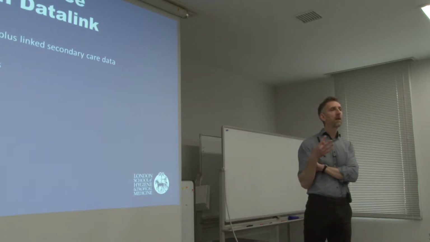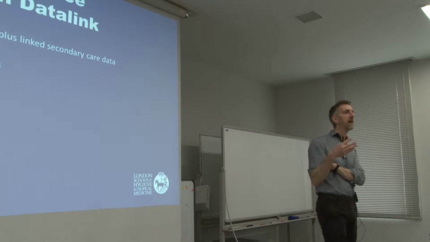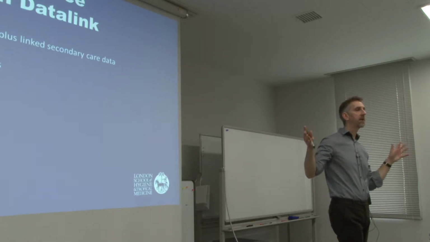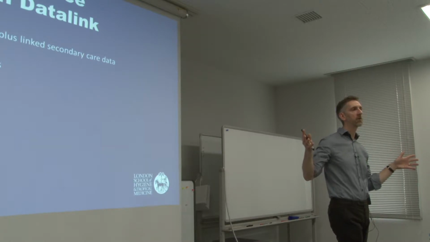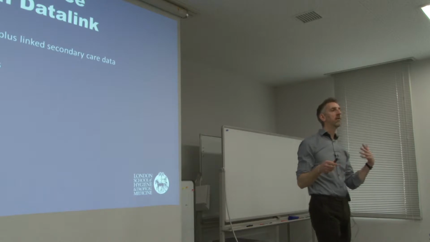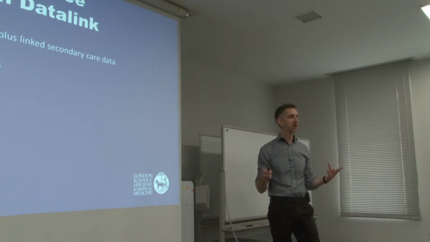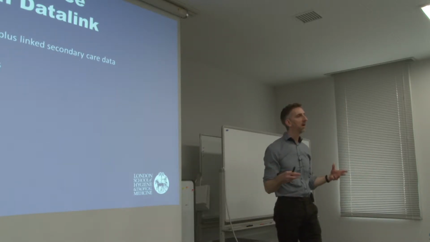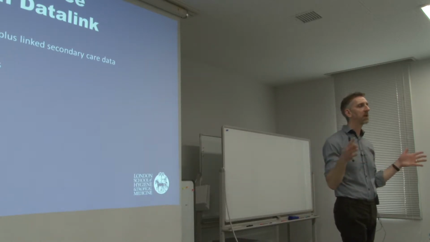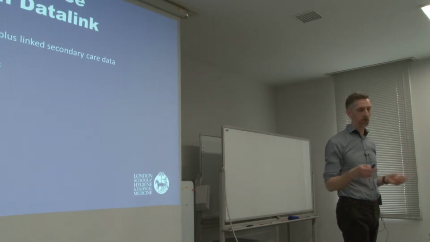It's been active since 1987, so we have potentially a very, very long period of time over which we can observe patients that were treated in the UK. At the moment, there are around 20 million patients included in the data set, and this is actually increasing quite a lot at the moment. So it's potentially a very large resource that we can use.